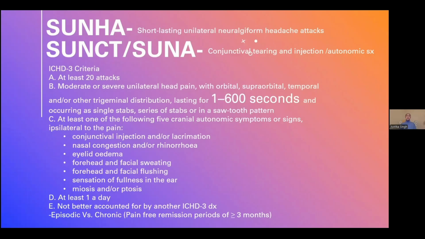And you have to have some autonomic symptoms that we've talked about associated with this pain on the same side. This has to happen at least once a day, and it's not accounted for by another headache disorder diagnosis. This is differentiated into an episodic form and a chronic form. The episodic form is when you have periods of no pain lasting 3 months or longer.